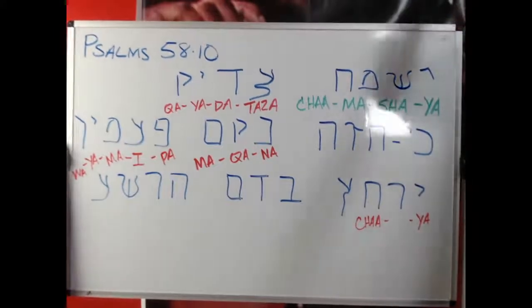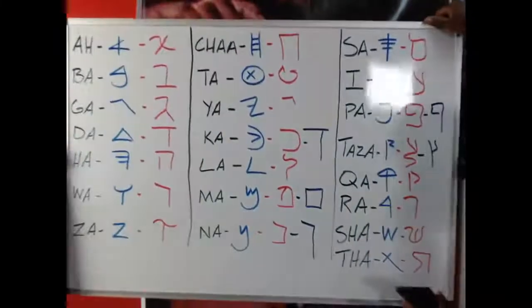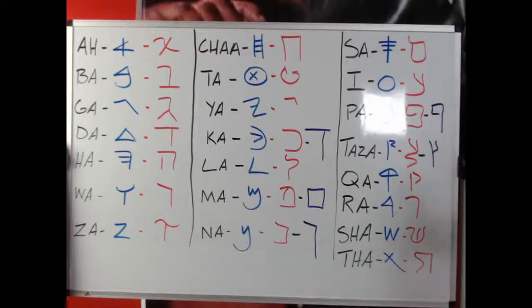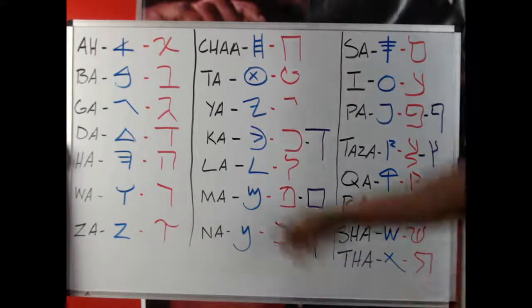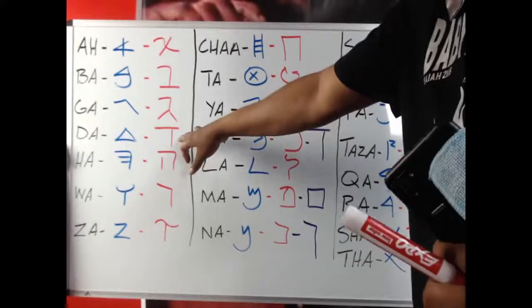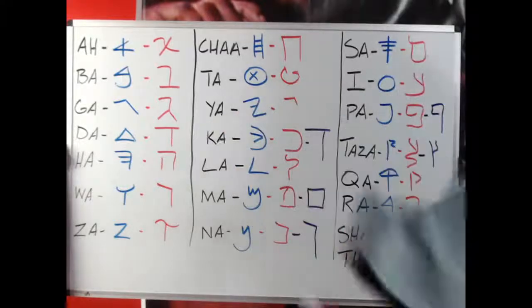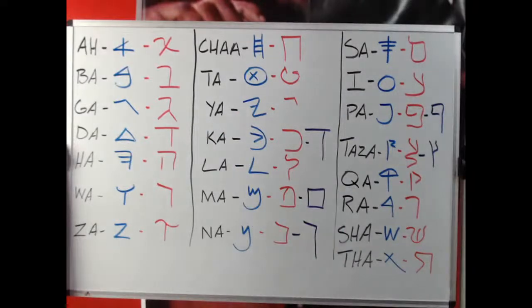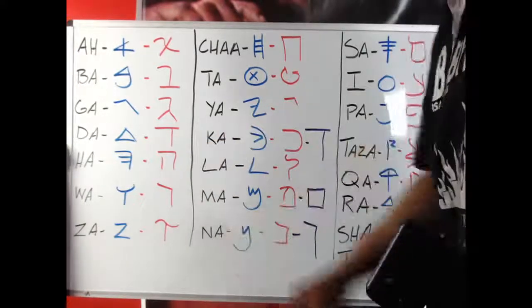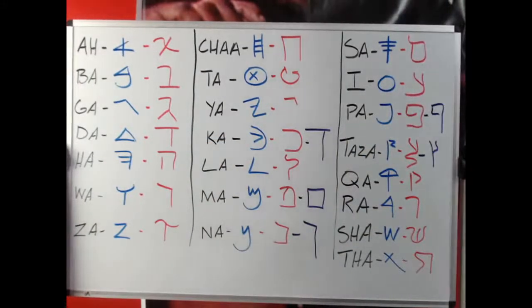No sweat. So let's go back to the basics. Looking at the board, we have Da. Let's look at the board again and see another letter that might look very familiar to the Da in the Syrian Hebrew. Let's look.